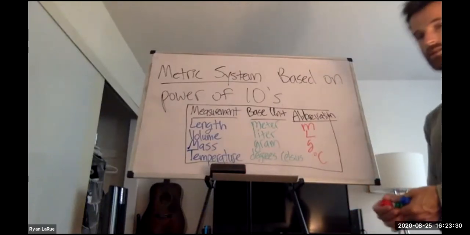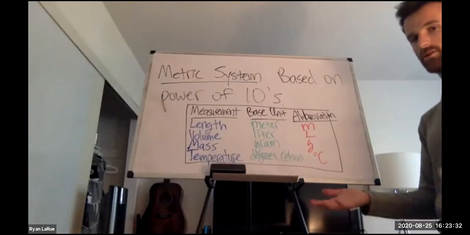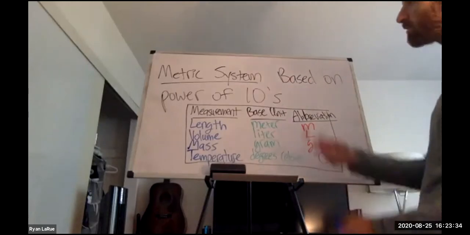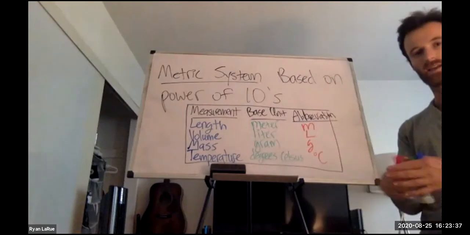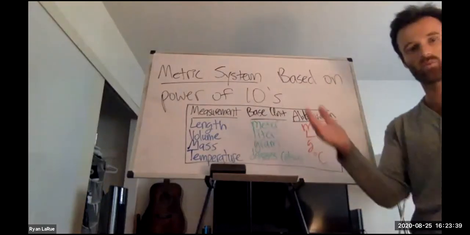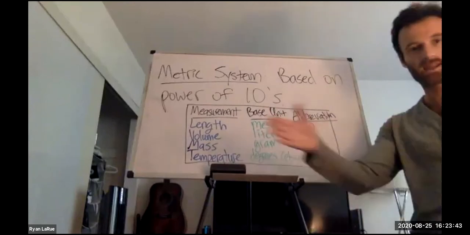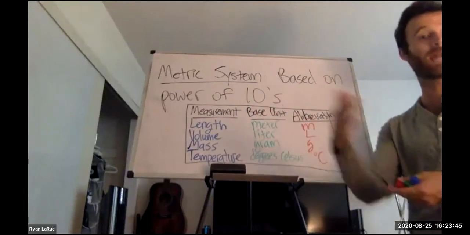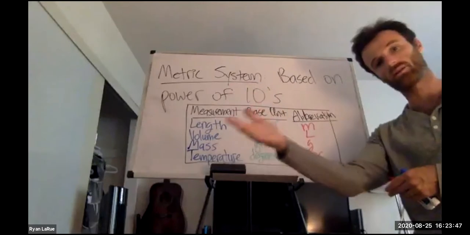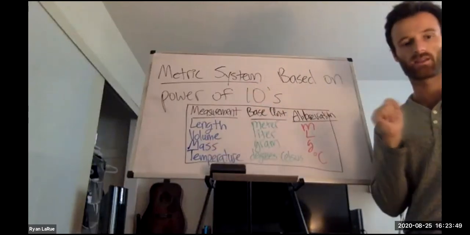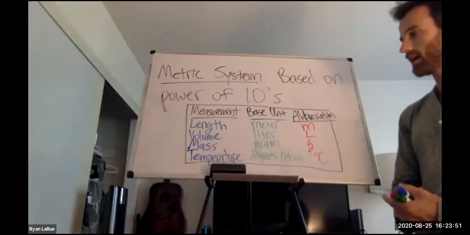Oh, like 5,200. I can never remember. Everything in the metric system is powers of ten: 10, 100, 1,000, 10,000, 100,000, just adding zeros, or 1/10, 1/100th, 1/1000th. So we'll take a look at that in a moment.